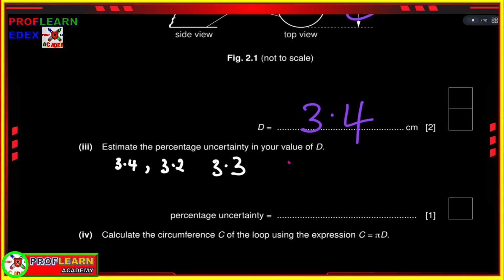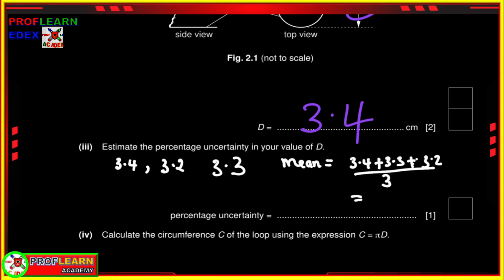Then we are going to work out the mean. For you to work out the mean, you will say 3.4 plus 3.3 plus 3.2, divided by 3. I'm using my calculator so that I can see what I'm going to get.